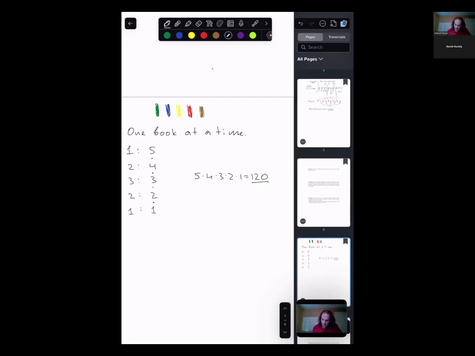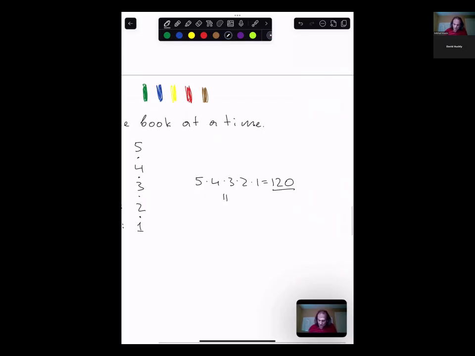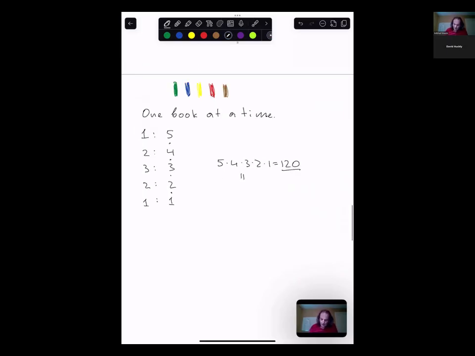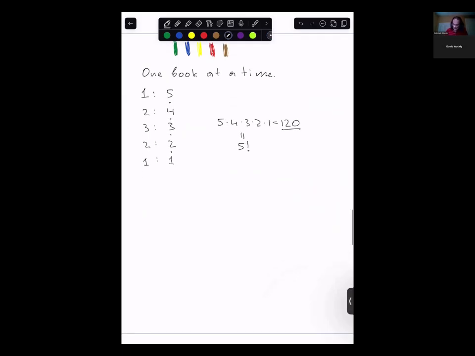This kind of count without repetitions happens very often, so mathematicians even have a special notation for it. It is 5 factorial, and we write 5 and an exclamation sign, so this is 5 factorial.